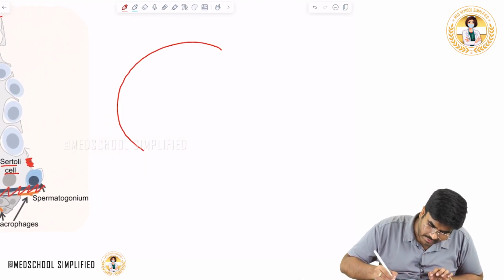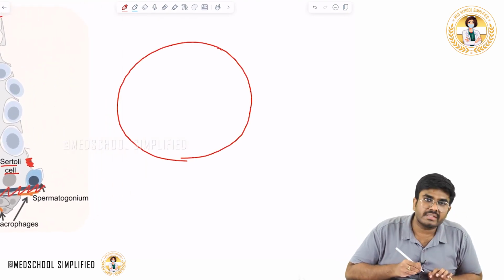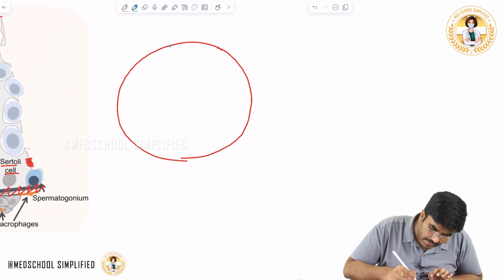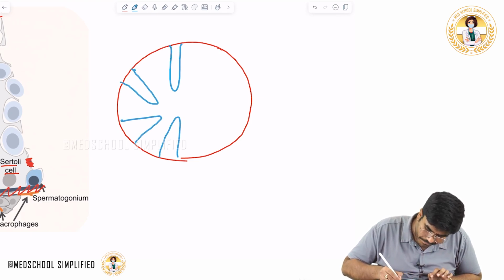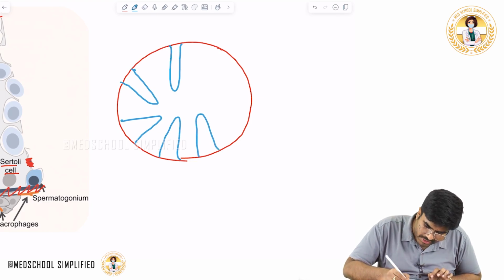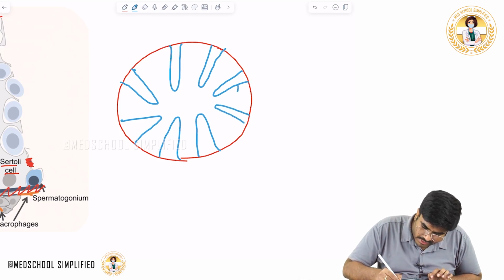Let's say this is the seminiferous tubule. Here is one Sertoli cell, here is the other Sertoli cell. Actually, they have projections, but for easy understanding, I am showing you like this. One Sertoli cell has one extension, and in between these extensions, what is there?